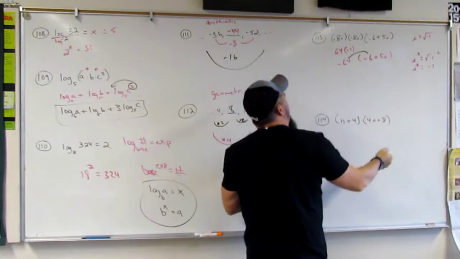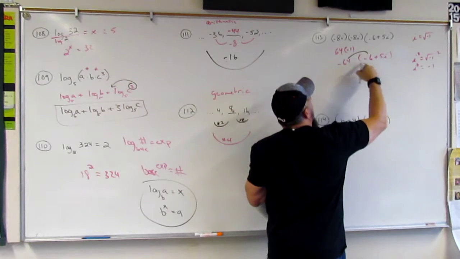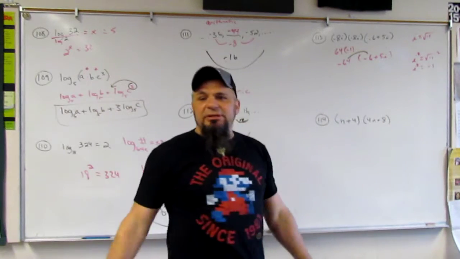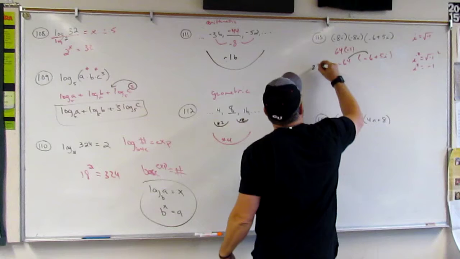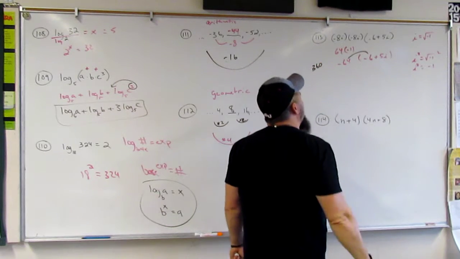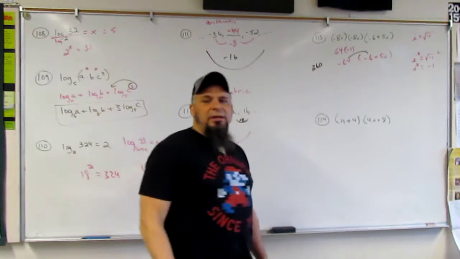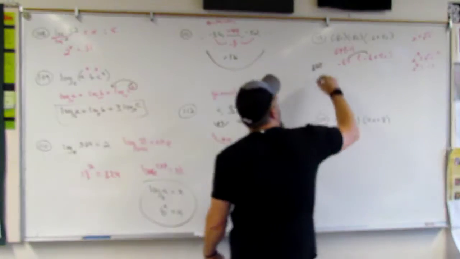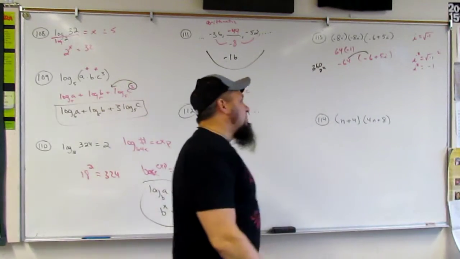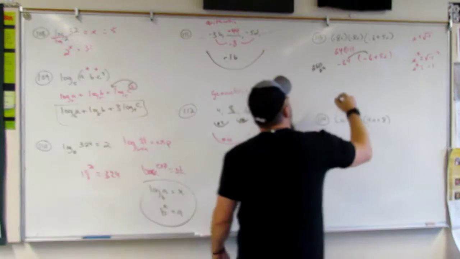Times -6 plus 5i. And now I would just, negative times a negative is a positive. And then 6 times 6 is 36, right? So that would be 36 with a 0. And 6 times 4 is 24. So that would be plus 24. So that would be 384.